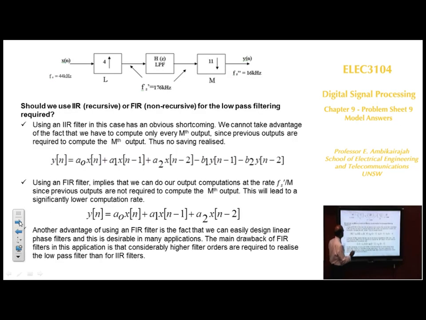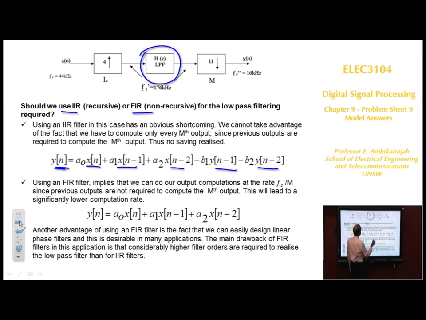And the next question is, what sort of filter will you use here? Will you use an IIR filter, or will you use an FIR filter? That's the question. Now if you use an IIR filter, the current output depends on past inputs and also past outputs.